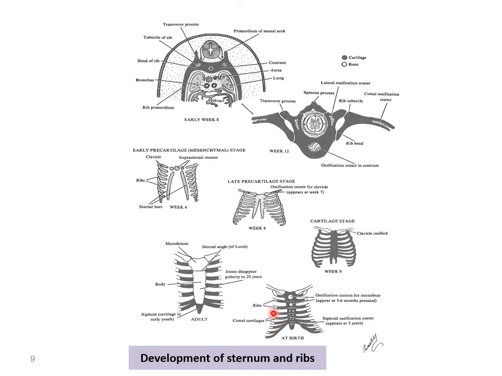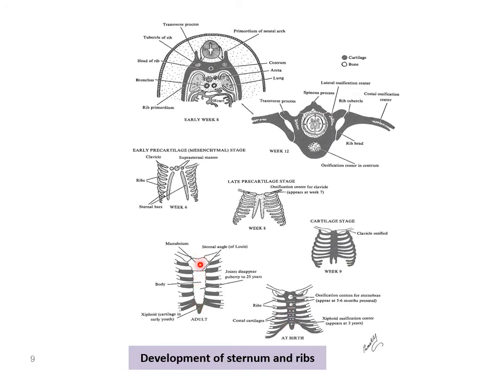And we have the ribs ossified laterally, and the costal cartilages are attached to the cartilaginous sternum, which is the sternum that contains ossification centers.